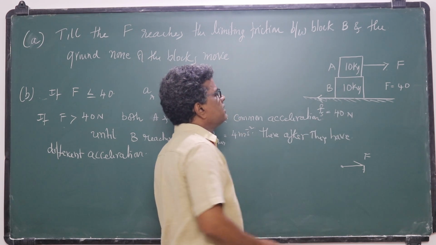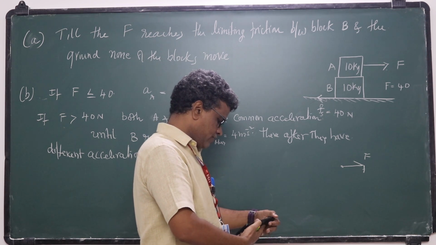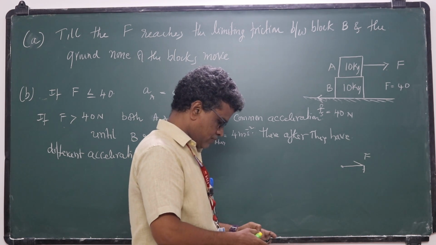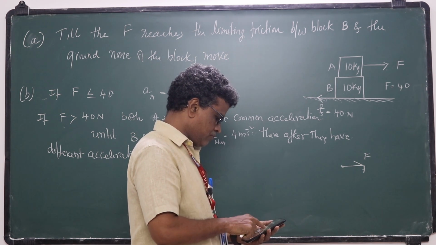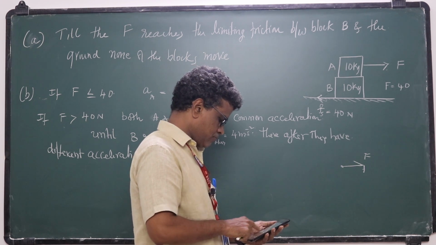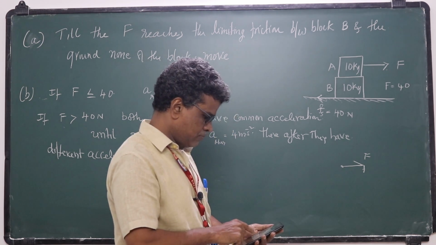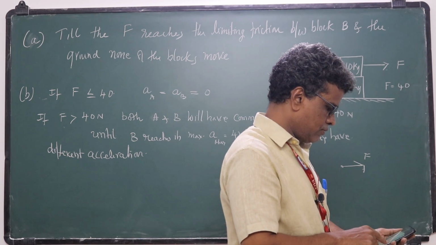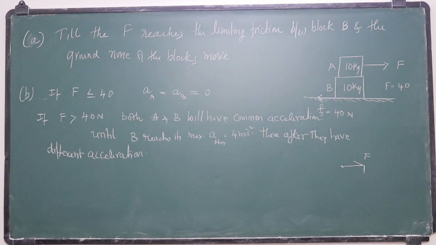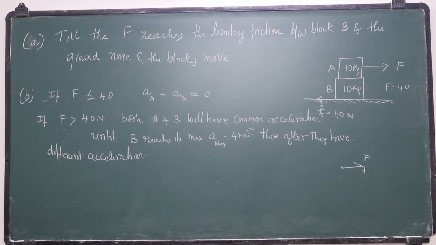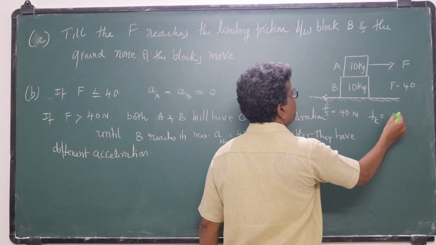So what is the kinetic frictional force between B and the ground? Kinetic frictional force is 20 newtons.